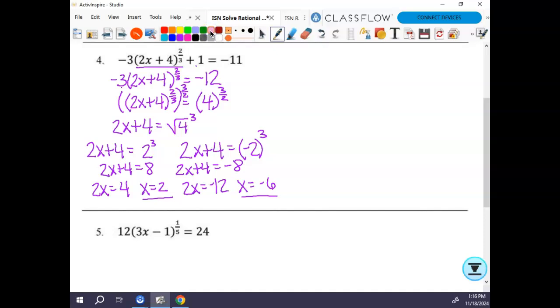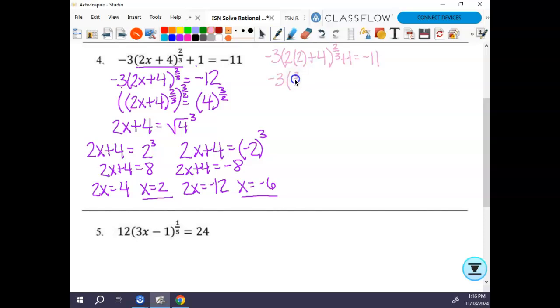All right, so now I'm going to have negative 3 times, and the first one I'm going to do is the 2. So 2 times 2 plus 4 to the 2/3 power plus 1 equals negative 11. Okay. So then I'm going to have negative 3 times, 2 times 2 is 4 plus 4 is 8.